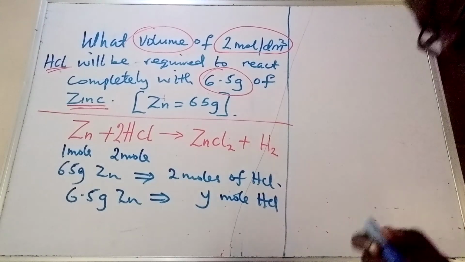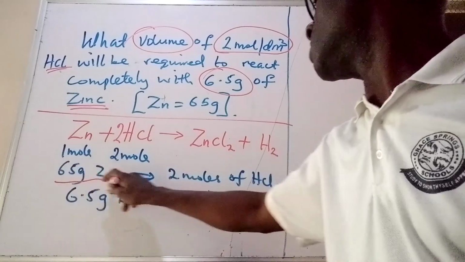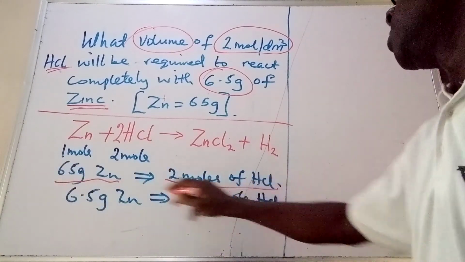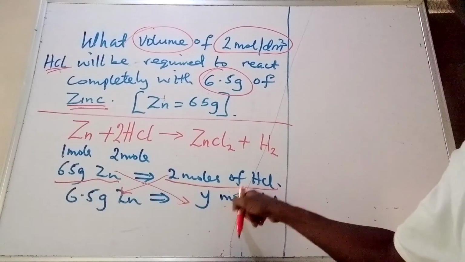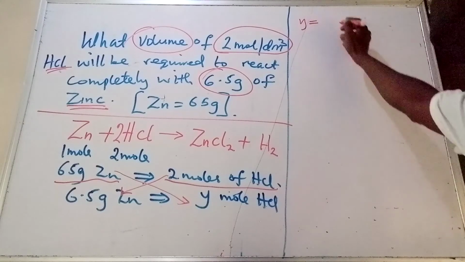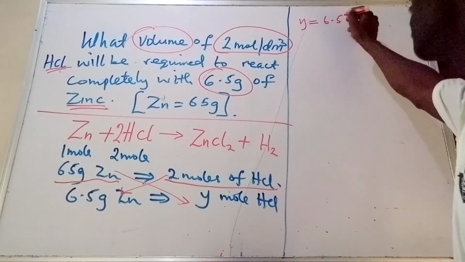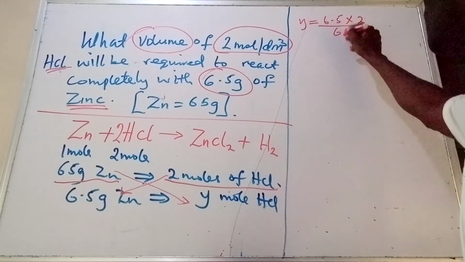So the next thing is to cross multiply. Let me underline. So let's cross multiply and make Y the subject. So Y will be equals to 6.5 times 2 divided by 65.